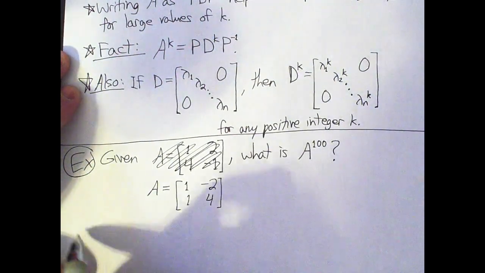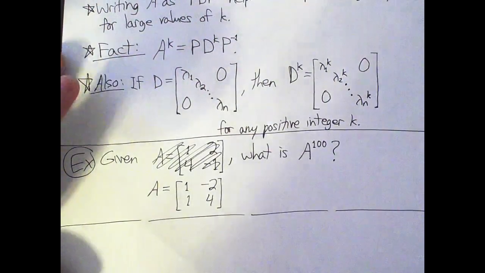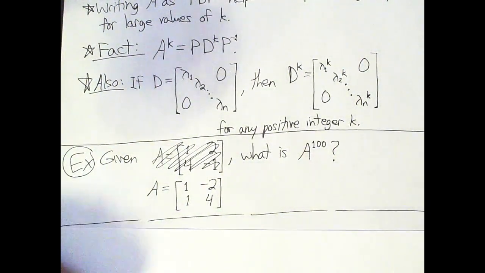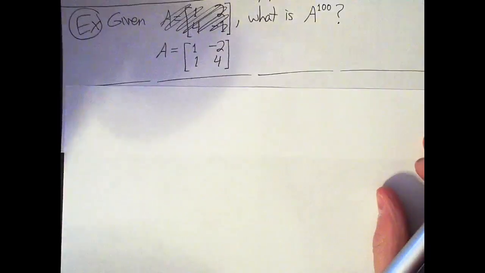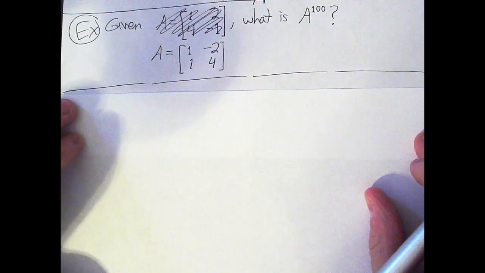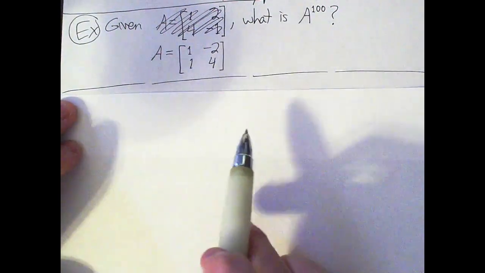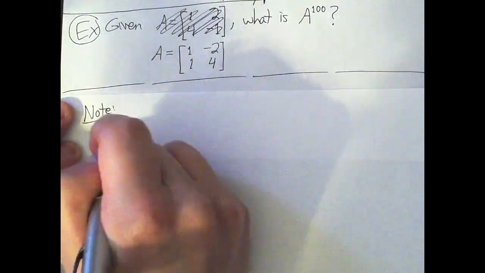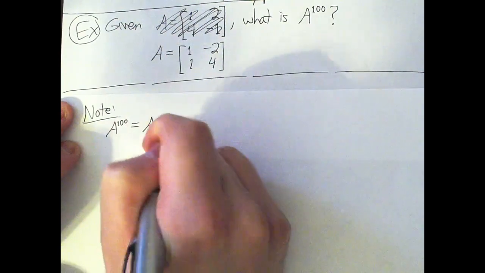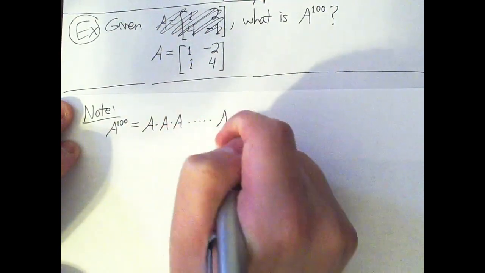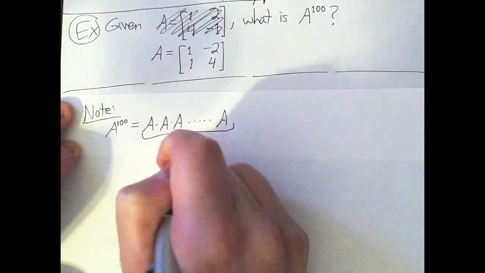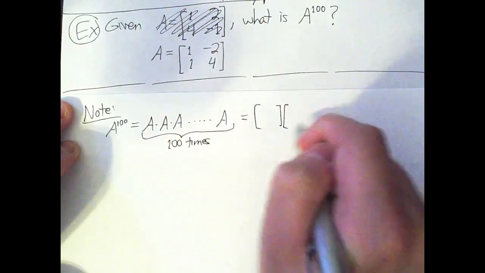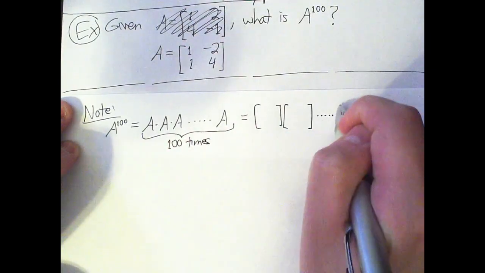So let's think about this. I'll walk us through this process. Now, we could do A times itself 100 times, A times A times A times A, but we'd be here forever, right? So note, A to the 100 equals A times A times A, 100 times. And it's a 2x2 matrix, so you have to do matrix multiplication over and over.